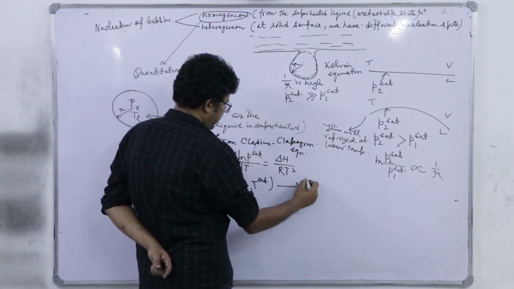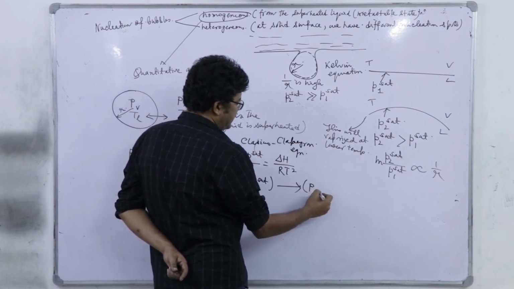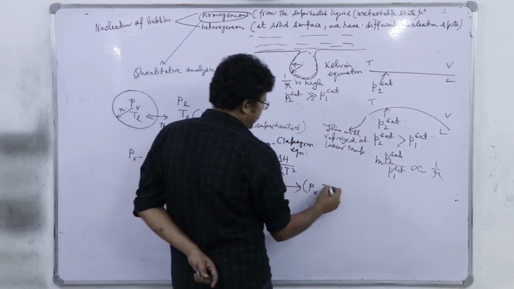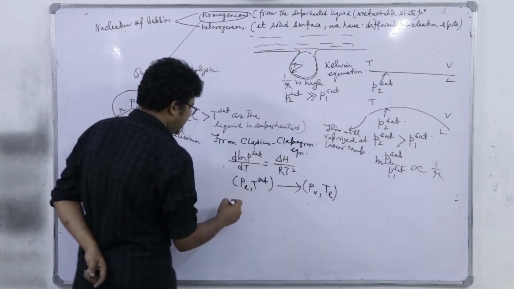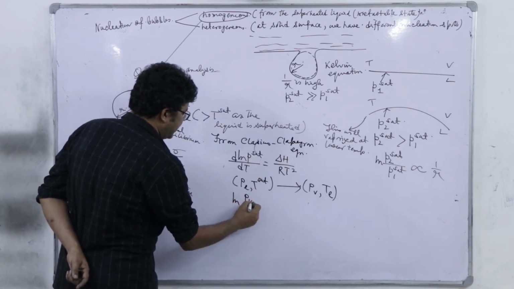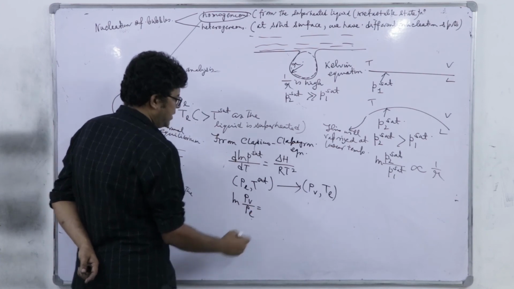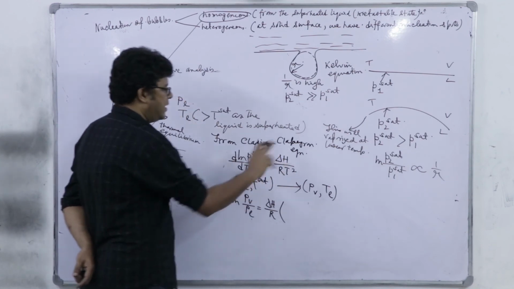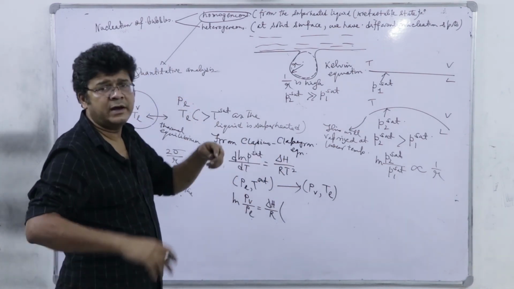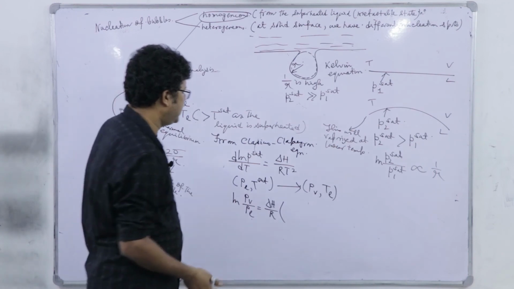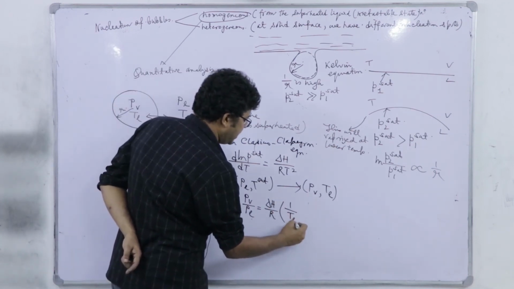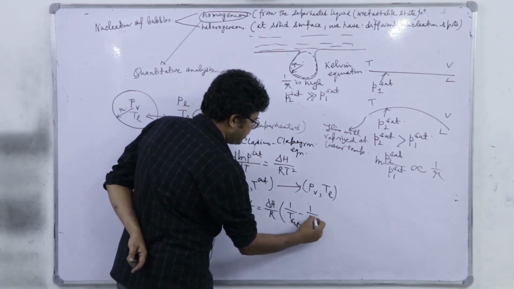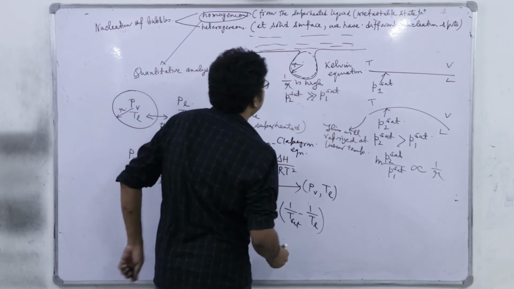We are going to superheat it, where the pressure is PV in the bubble and the temperature is TL. So if you integrate, I will get ln of PV by PL equal to delta H divided by R, and the integral of dT by T square is minus 1 by T, so 1 by T sat minus 1 by TL.